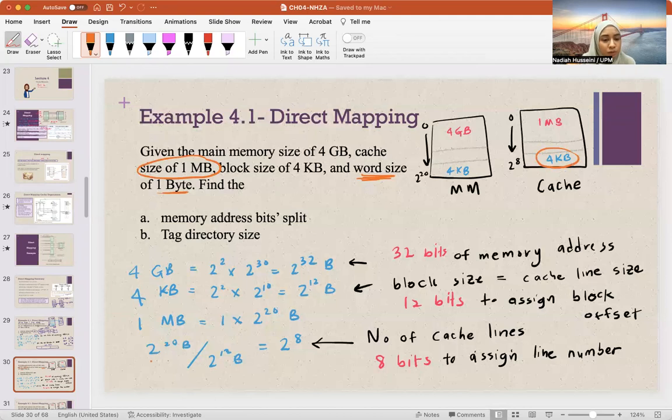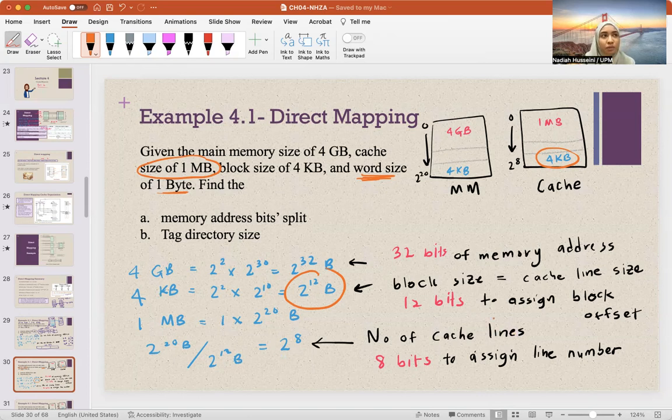So I would do 2 to the 20 bytes divided by 2 to the 12 byte. Where did I get the 2 to the 12? The 2 to the 12 is from here, 4 kilobyte, which is the size of one cache line. The total cache divided by the size of one cache line would give me the total number of cache lines. So I have 2 to the 8 number of cache lines.